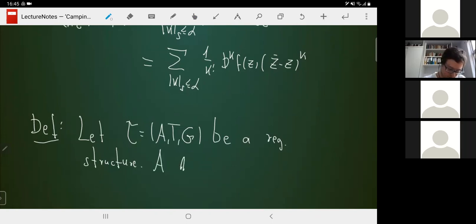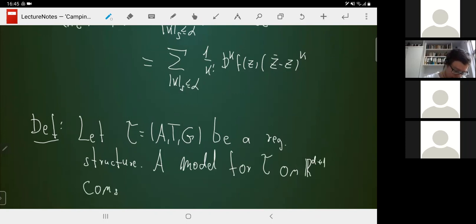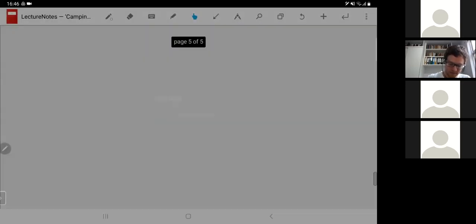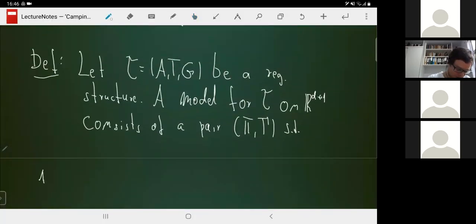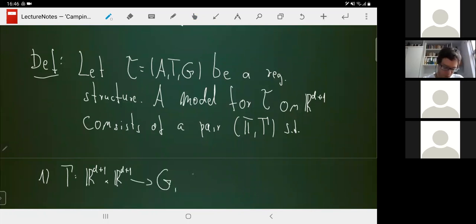A model for T on R^{d+1} consists of a pair (Pi, Gamma) such that, first point: Gamma is a map from R^{d+1} times R^{d+1} into the group G, where Gamma_{z z} is the identity.